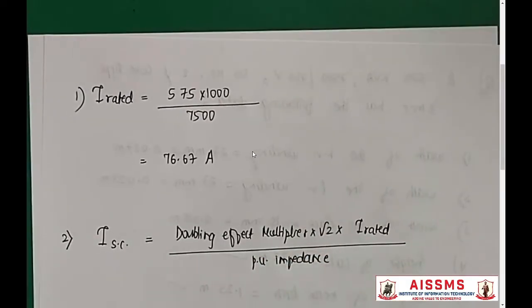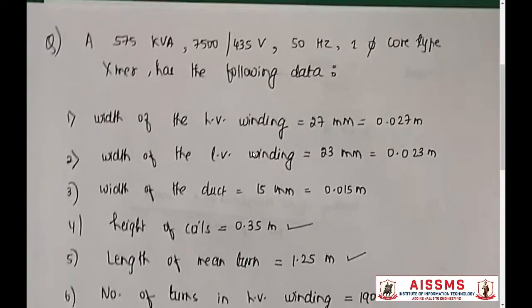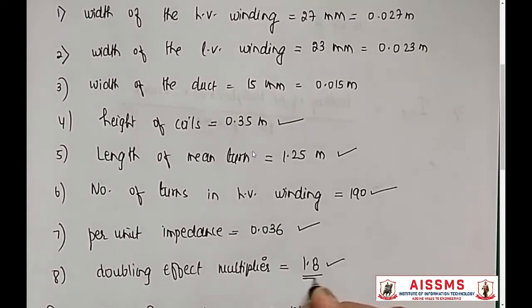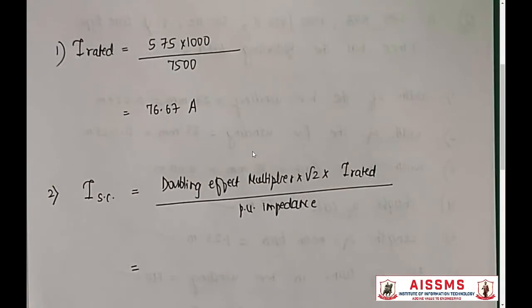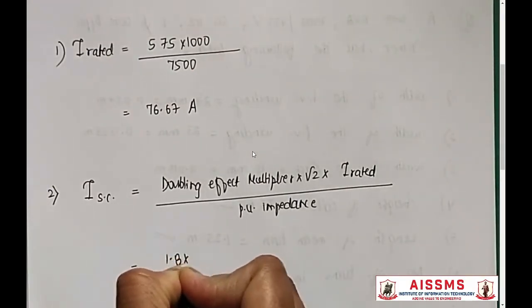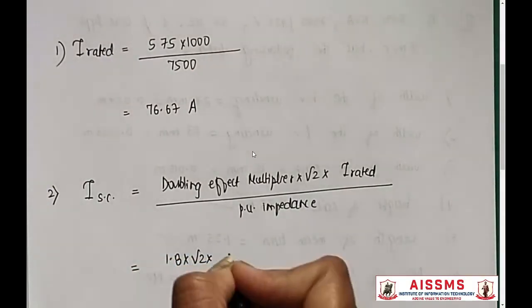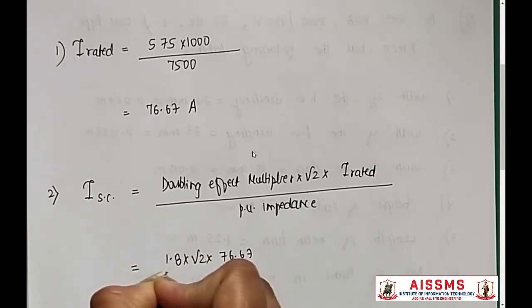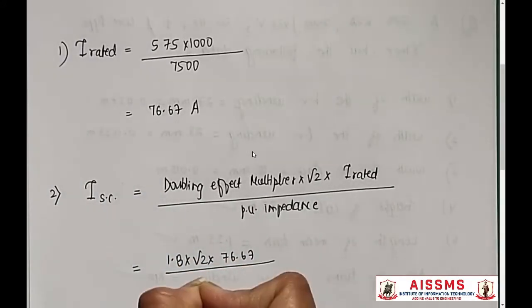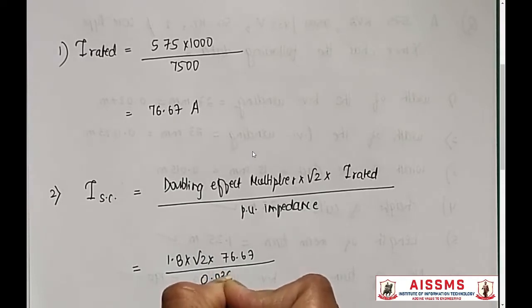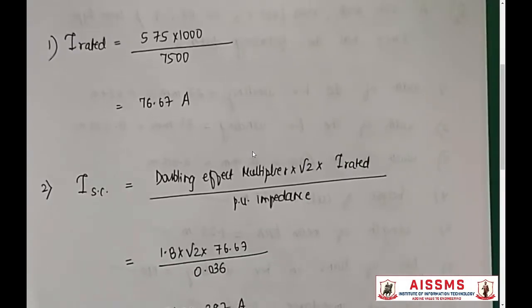The doubling effect multiplier which is given to us is 1.8. So we put the values: 1.8 into root 2, rated current 76.67, divided by the per unit impedance 0.036. So the short circuit condition current comes out to be 5421.387 amperes.